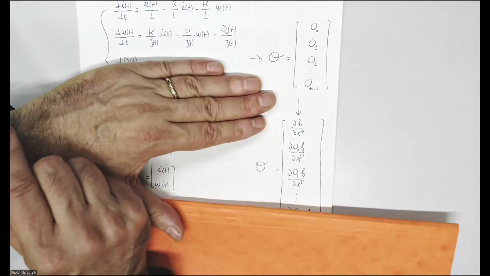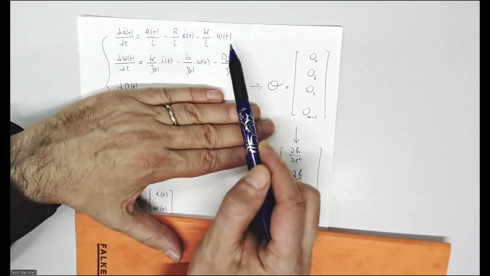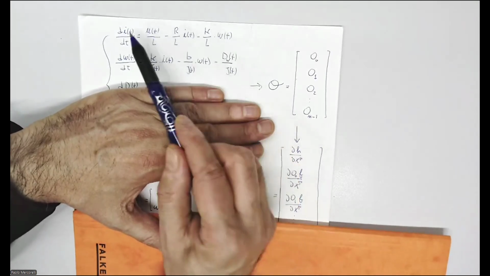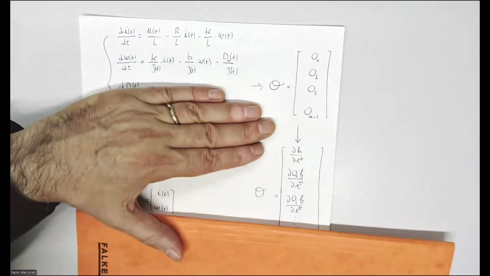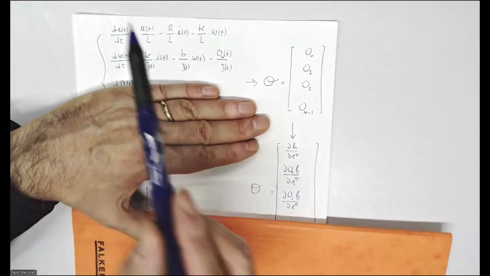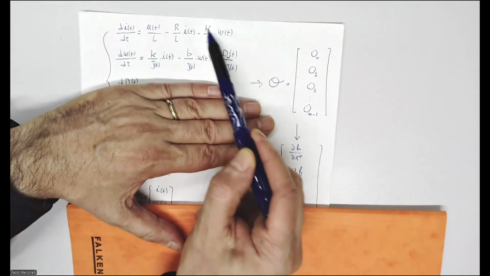The electrical circuit is not exactly correct, because we can see that here we have the feedback, the reaction of the mechanical system into the electrical dynamics. But anyway, we can say that the electrical equation makes sense because K multiply omega is the voltage.